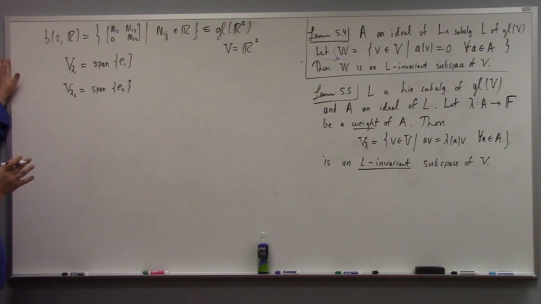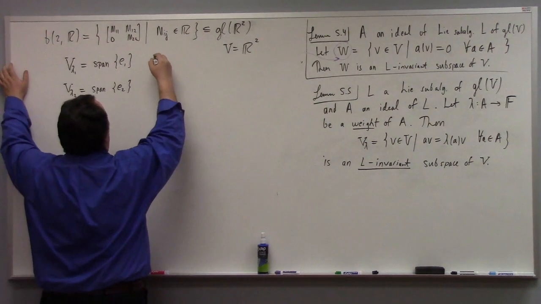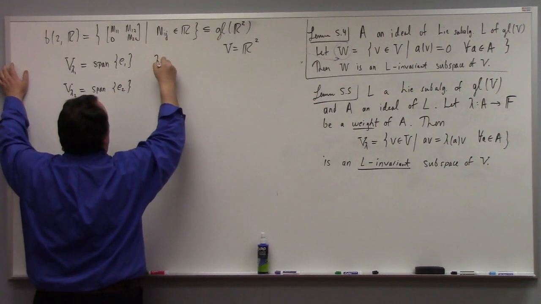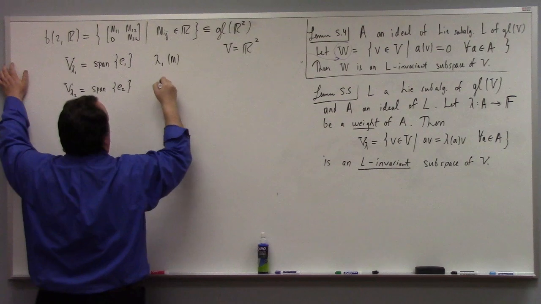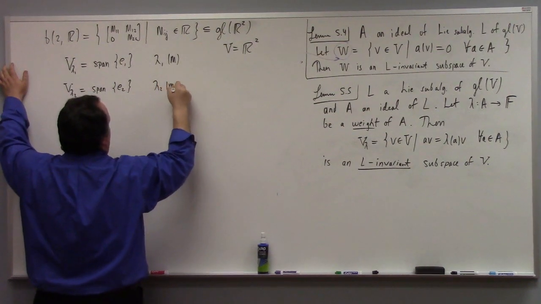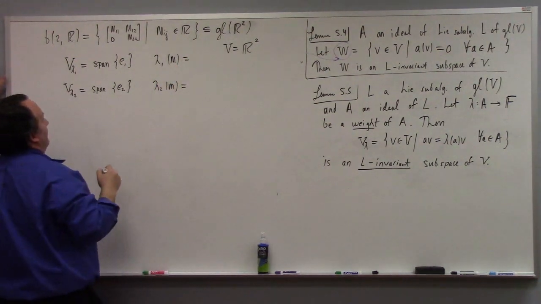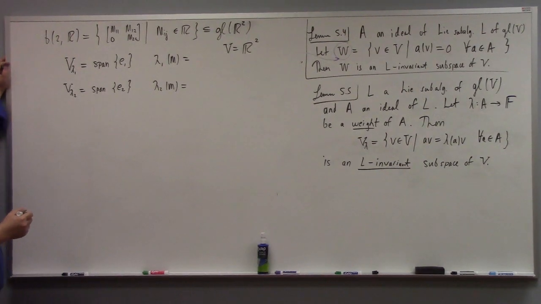So I'm kind of trying to work backwards. If these are the weight spaces, what are the weights? What's lambda 1 on M? What's lambda 2 on M? In fact, let me be even a little bit lazier still.